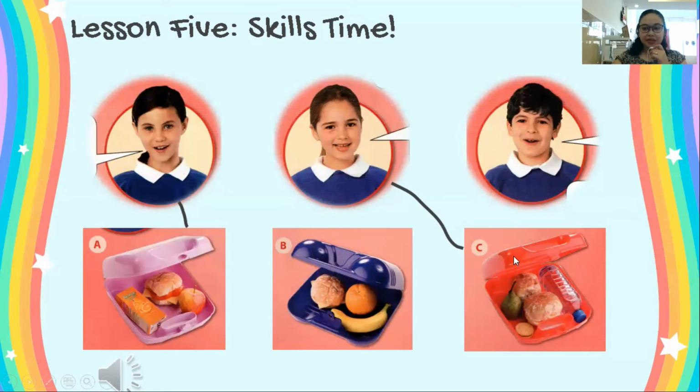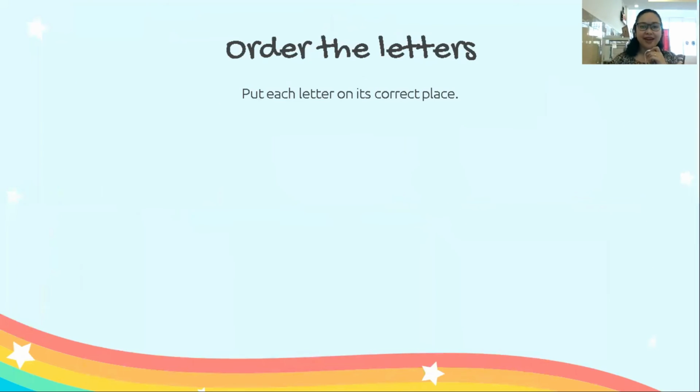The correct answer here is lunchbox B. So write on your student book, number 1, her lunchbox is A. Number 2, her lunchbox is C. And number 3, his lunchbox is B. Very good listening.